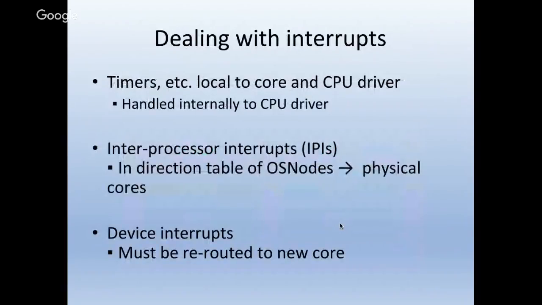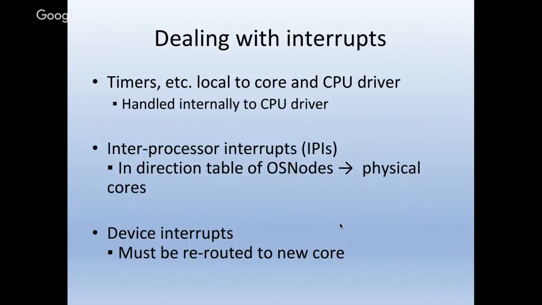Also, I want to talk about how to deal with interrupts. In general, interrupts are distinguished into three types: interrupts handled locally by the core and the CPU driver, like the timer; interprocessor interrupts, which are sent between OS nodes; and also device interrupts.